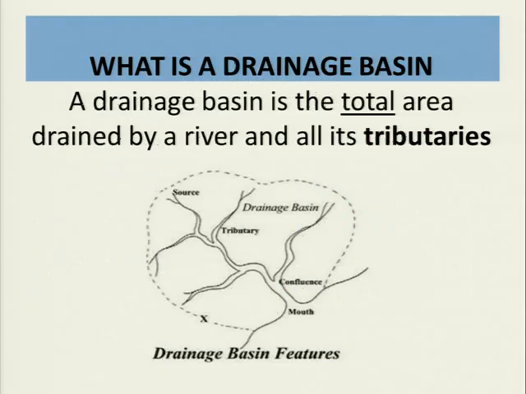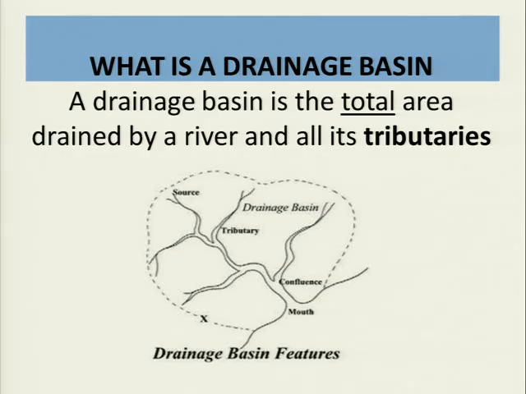Right, let's tackle them. First of all, what is a drainage basin? Guys, very, very important. Do not mix up the definition of a drainage basin with the definition of a river system. You will see that they differ. A drainage basin is the total area drained by a river and all its tributaries.